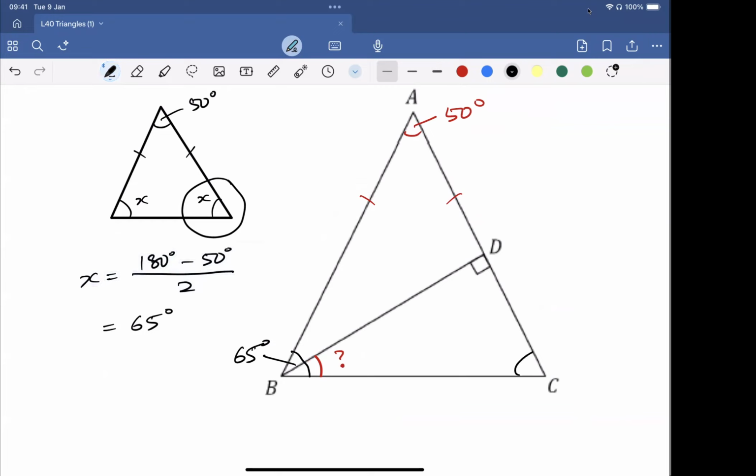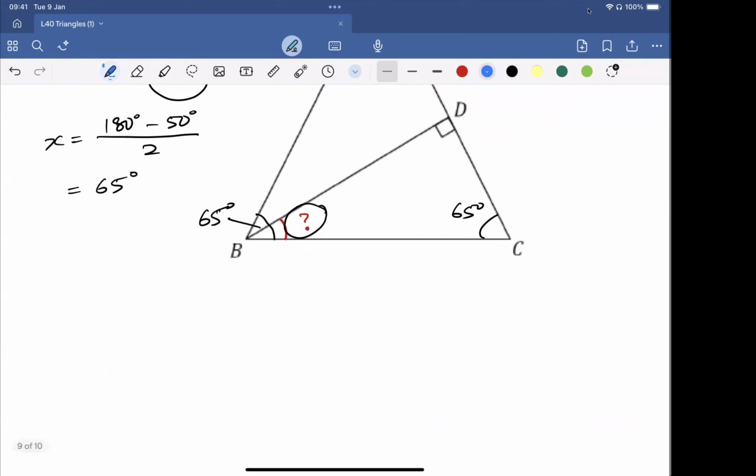So can I say that this angle here is 65? Yes. And what about this? 65. So how do you find this? 180 minus 155. Very good. You just minus 90 first, then you can minus 65, step by step. 25.